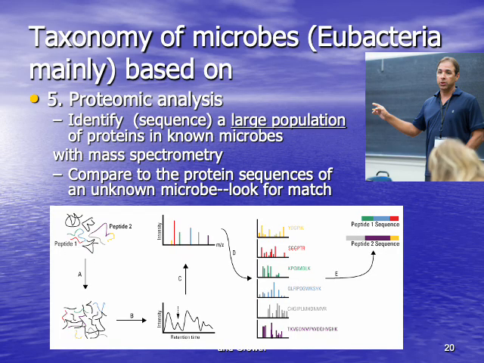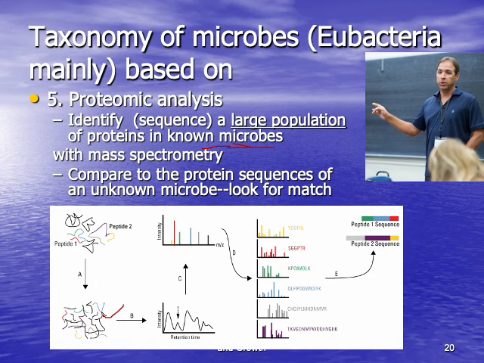So the people who do proteomics like Dr. Vieira will take the proteins from a known organism, and they'll get the sequence of those proteins. So they'll have kind of a profile: all the proteins and the sequences of the proteins of that known microbe.